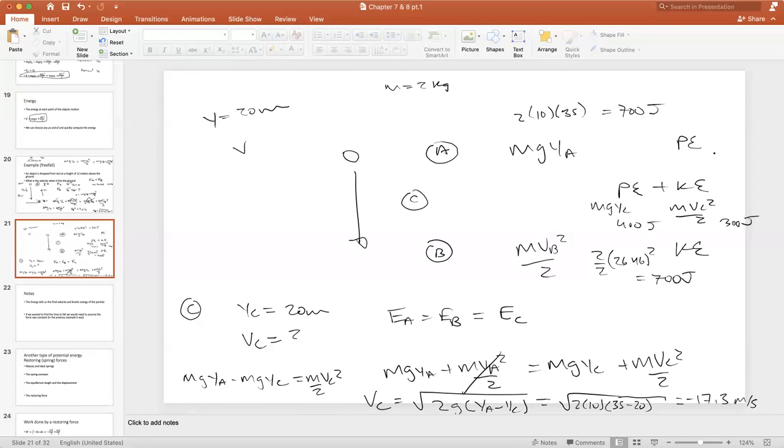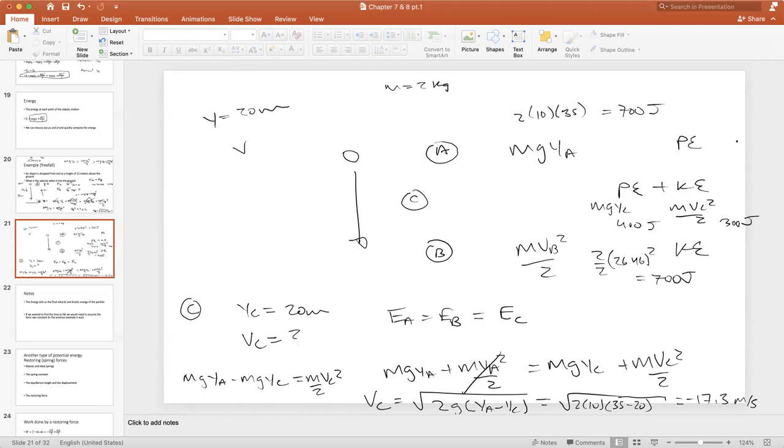And what I'm trying to show you here is, at position A, it has 700 joules of energy, although all that energy is held in potential energy. So it has 700 joules of potential energy, which means if you release it and you were to measure it at 35 meters below the point where you released it, that 700 joules of potential energy would have turned into 700 joules of real energy, okay?